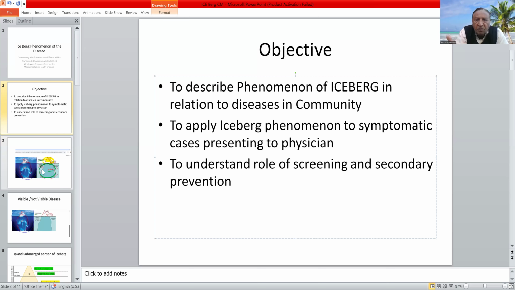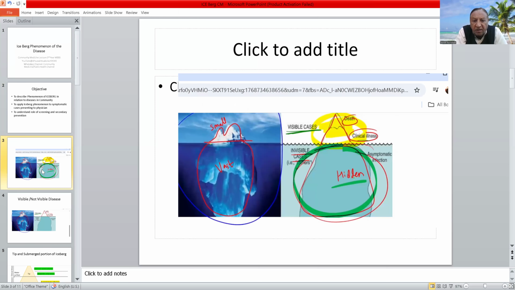From this picture, you can understand that this is a blue iceberg. A huge amount of ice is hidden in the ocean, and a small portion, the whitish portion, is visible to the naked eye. So vast and small, you can understand. The same is with diseases: visible cases of the diseases, either clinical cases or patients who have died in the hospitals.